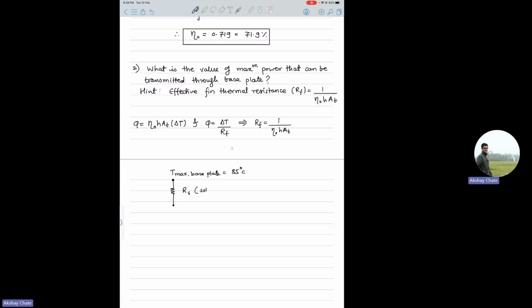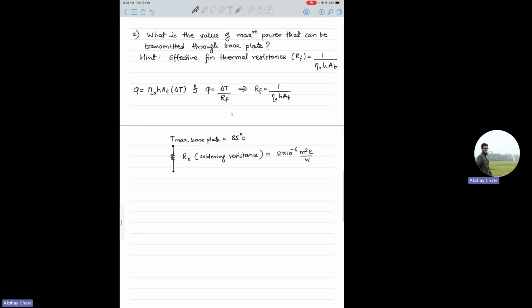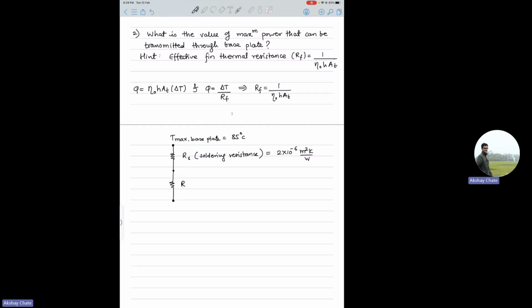So this is soldering resistance, which is given in the question as 2 into 10 to the power minus 6 meter square Kelvin by watt. Then your base plate starts and it has 3 mm thickness. So another thermal resistance will come in this network. Not base plate, sorry. This is your aluminum plate thickness.